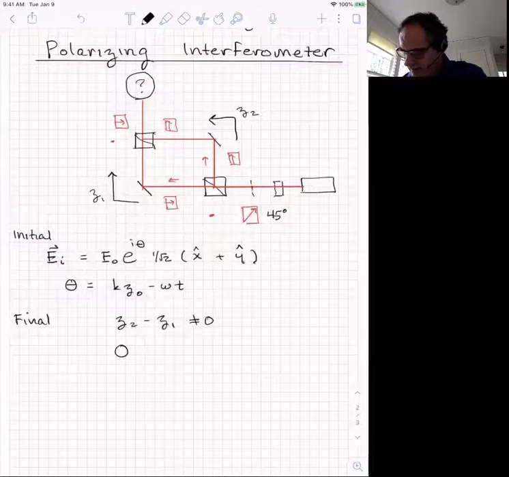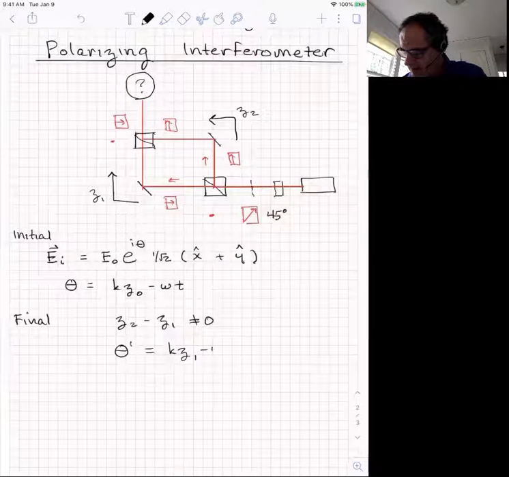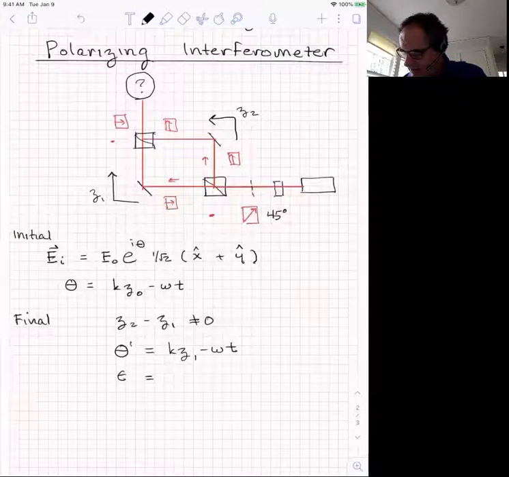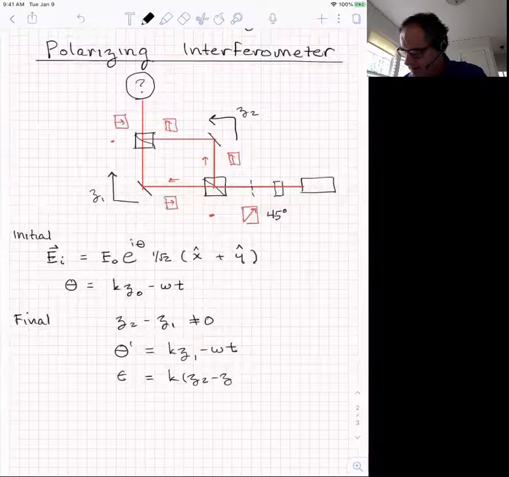First of all, let me define theta prime to be kz1 minus omega t. And let me define epsilon to be k times z2 minus z1.